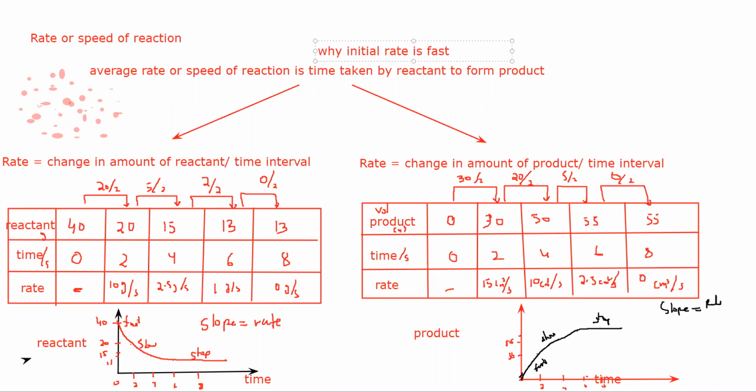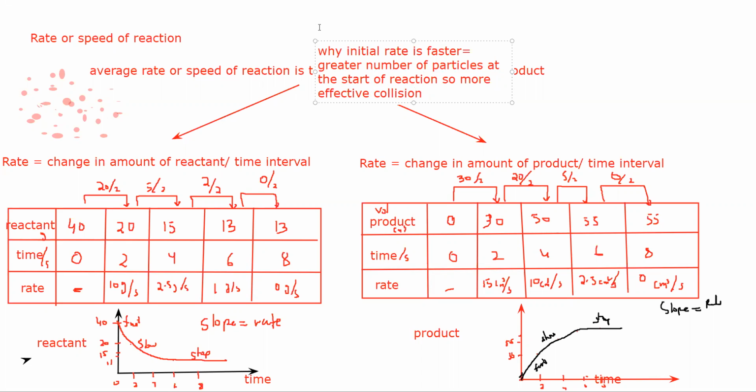The reason why the initial rate is faster is because there is a greater number of particles at the start of the reaction, so more effective collisions.